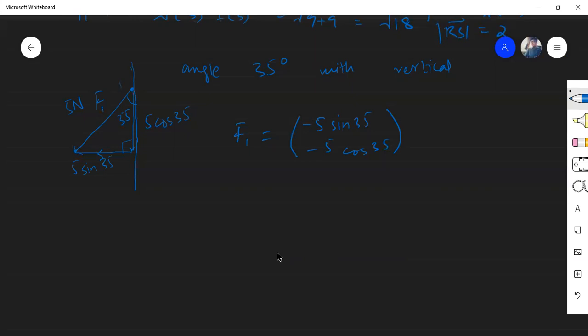Let's say there is another force F2 with magnitude 6 newtons, and it makes an angle of 40 degrees with the horizontal. So this is the horizontal, and it makes an angle of 40 degrees.